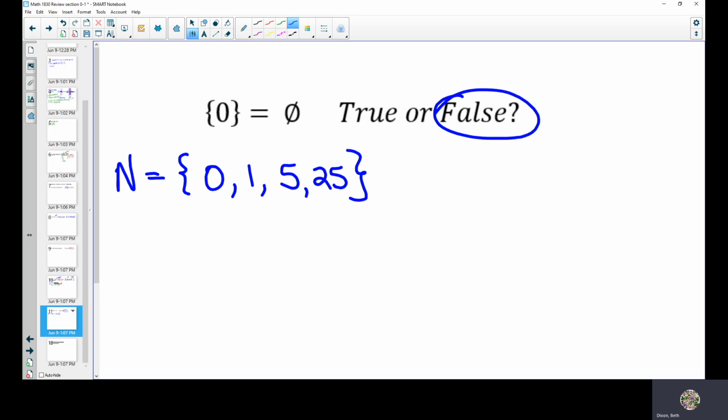Now, let's say I had a set where 0, let's not call it N, let's say I have the ages of babies in my church nursery. And we'll call it A for ages, to use a different variable here. And so the ages would be, and let's say I only have one baby and all the babies are 0 years old.